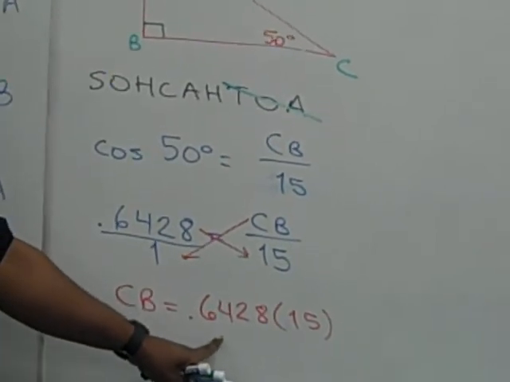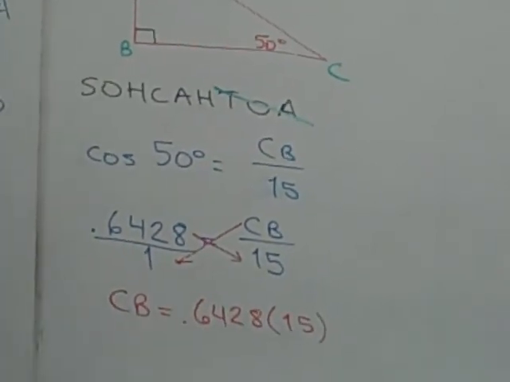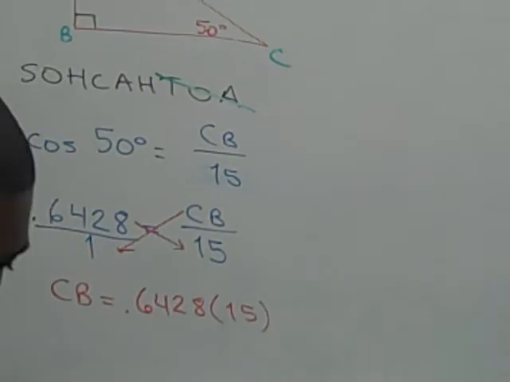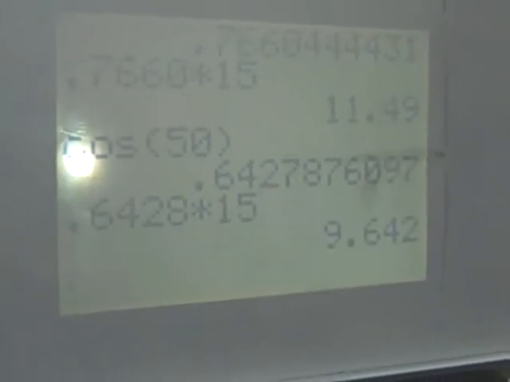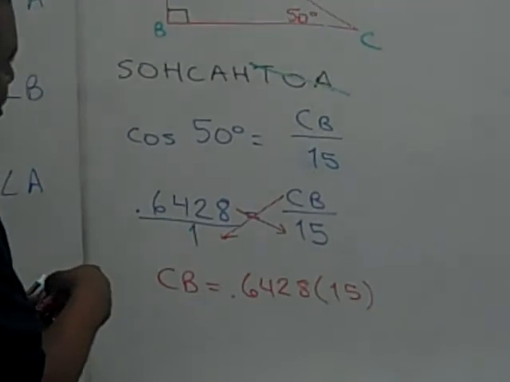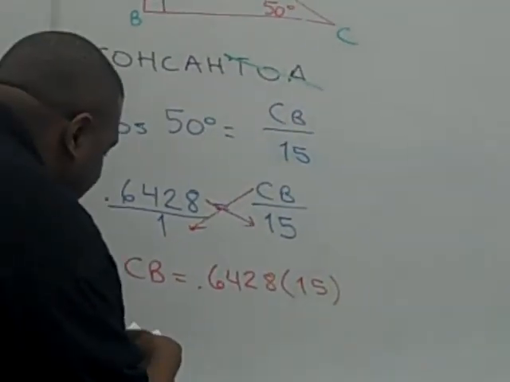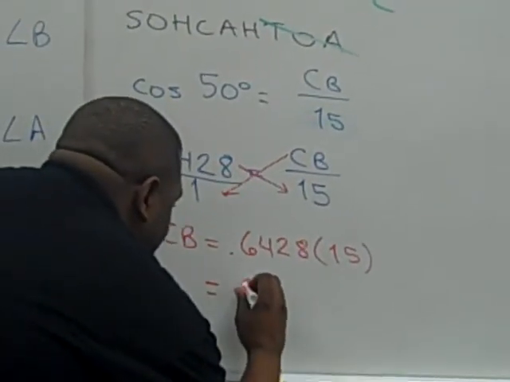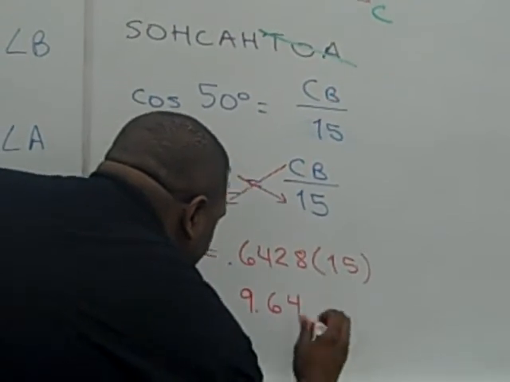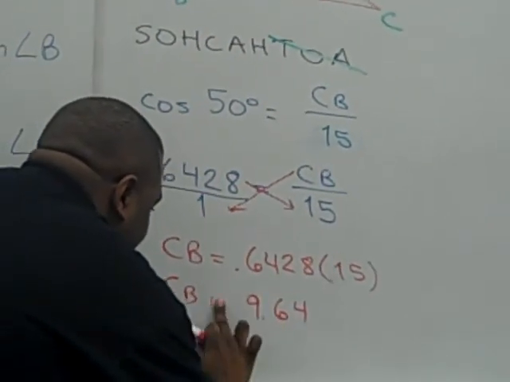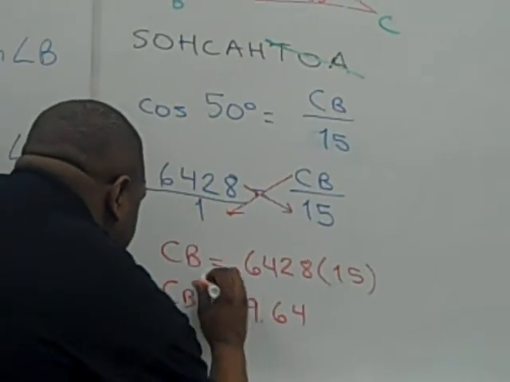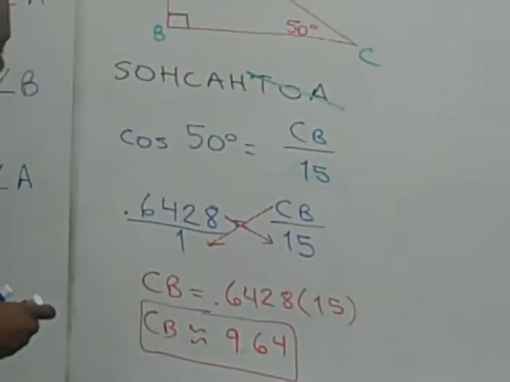So I'm just going to multiply 0.6428 to 15. So go to your calculator and type it in, 0.6428 times 15, and you get approximately 9.642. So again, we'll just round it to 2 decimal places, and we'll get 9.64, and we need to do the approximate to get that.